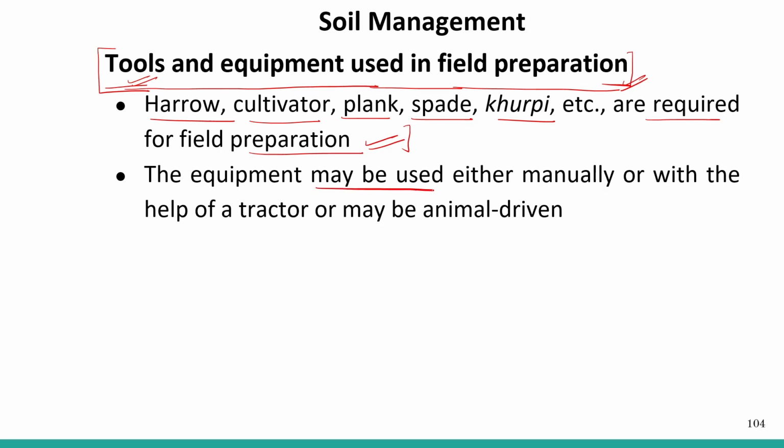The equipment may be used either manually, with the help of a tractor, or animal driven. Sometimes a tractor is required if the field is big, and sometimes it is animal driven, right? If a field is quite small, then it can even be handled manually.